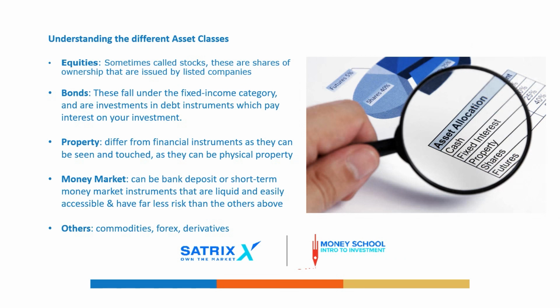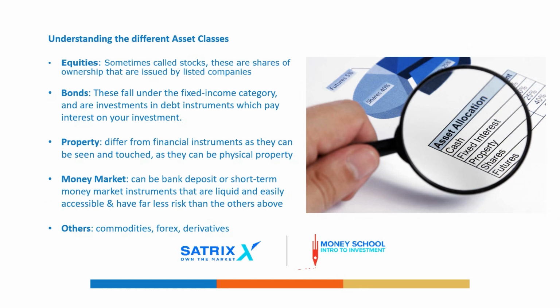And then the others which are out there, I mean, commodities, if you're looking at oil, you can buy gold, physical gold, platinum, copper, and also forex, where you buy foreign cash, dollars, or you can invest in buying pounds, and then you disinvest when you see that the rand has weakened, and all those things.